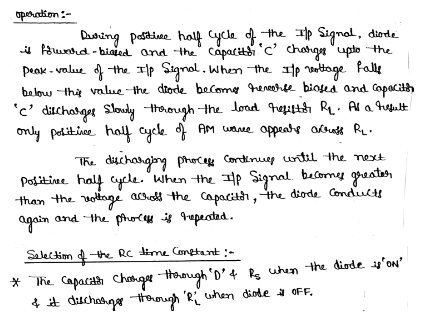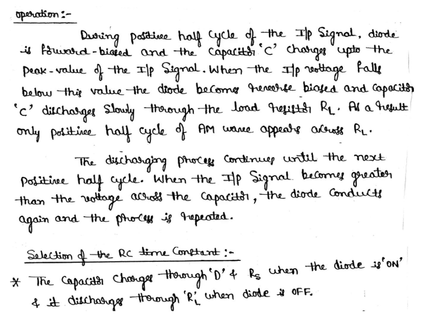The capacitor charges towards the peak value through the diode as well as Rs, and discharges through the load resistor. The capacitor charges when the diode is in the on condition, and discharges when the diode is in the off condition, that is, reverse bias.